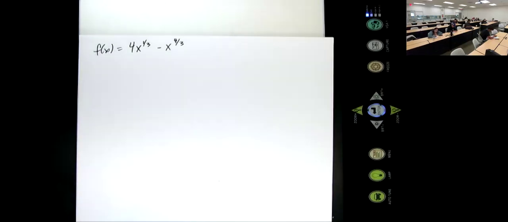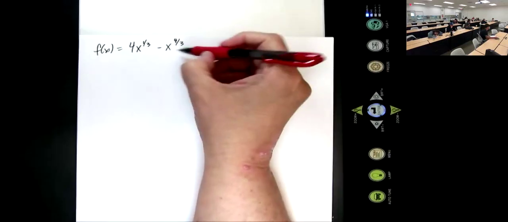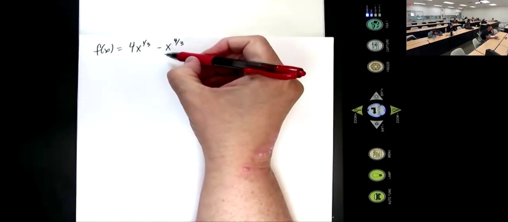Alright, so domain, all the exponents are positive, which means we don't have any issues there. I can stick every number in and I should get a valid thing. I don't have any even roots.